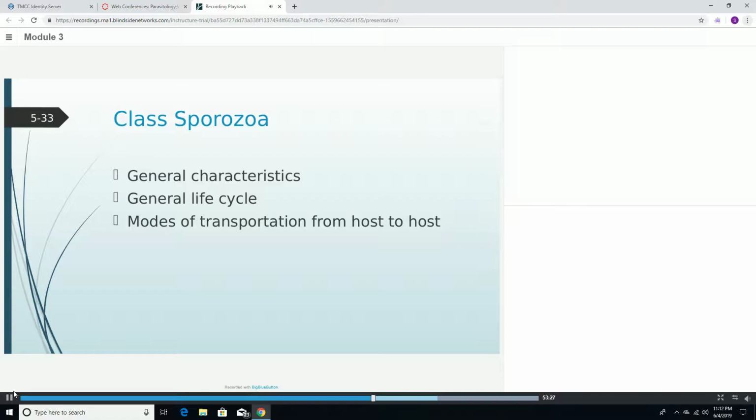So whenever we talk about the class Sporozoa, it's really important that we know that we're talking about malaria, babesia, and toxoplasmosis. All have a life cycle that includes both a sexual gametocyte phase, which produces sporogony, and asexual phases, the schizogony phases of reproduction. Most of these organisms have a two-host life cycle. So in order for these organisms to go through their full development, they're going to have to go through two different hosts.